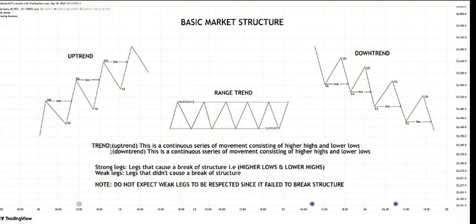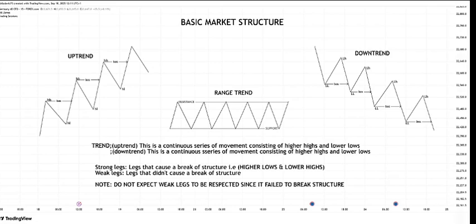But in reference to a downtrend, it is a continuous movement that consists of a series of lower lows and lower highs, just as displayed on the screen. But when it comes to a ranging trend, on the other hand, it is the movement of the market within two specific areas, and those areas are referred to as support and resistance levels, with the resistance being at the top and support at the bottom.